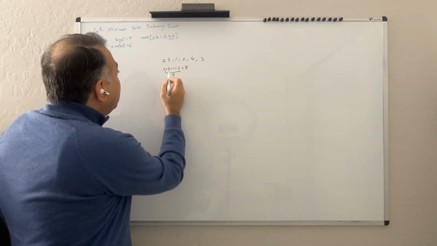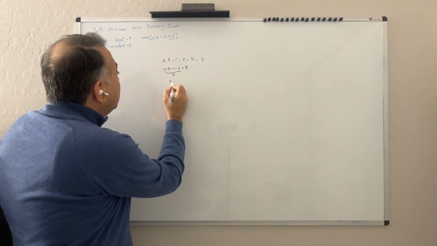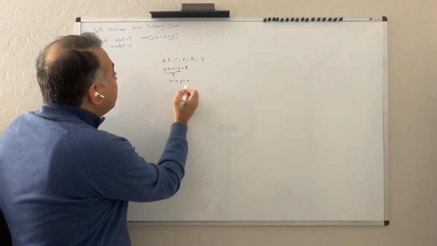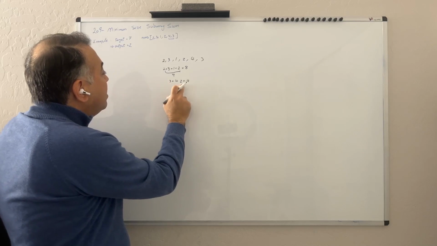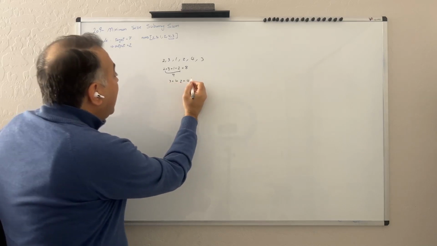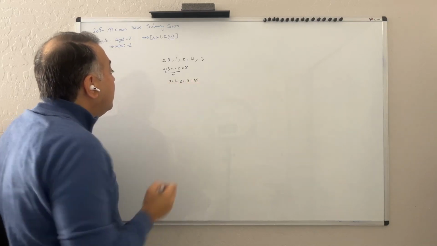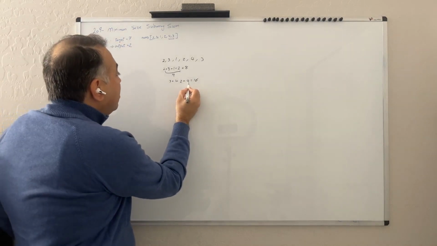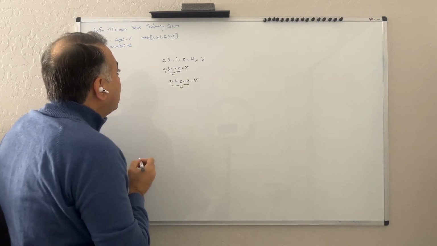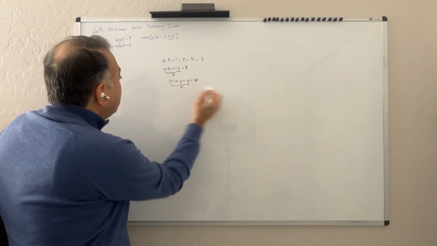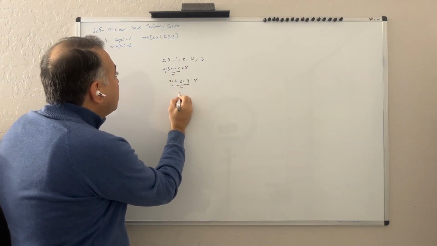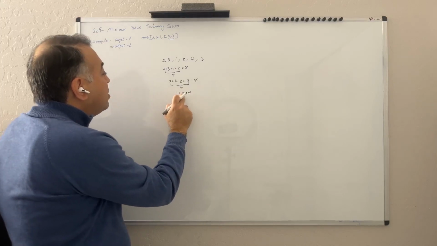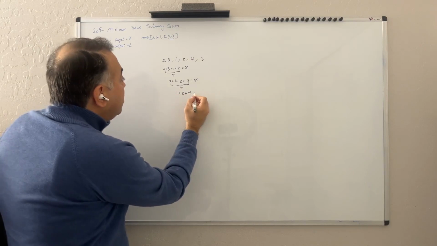So let's try with 3. 3 plus 1 plus 2 plus 4: 5, 6, and this one is 10. This one is greater than or equal to the target, but the length of this array is 4. Let's move one more. 1, 2, and then 4. 1 plus 2 plus 4 equals 7.